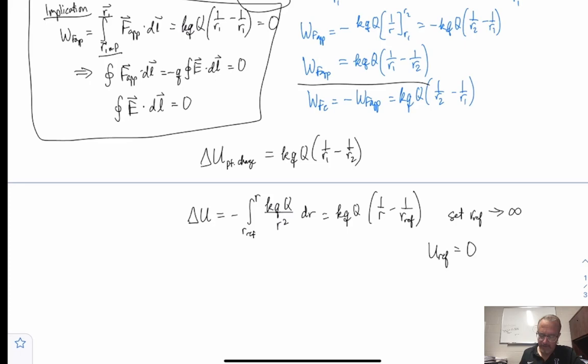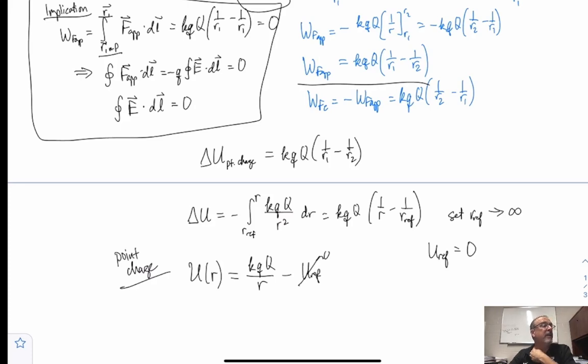And if you can do that, then you can say the potential energy at location R from a single point charge, it's important to note this is a point charge, is going to be K Q Q over R, minus the reference potential energy, which usually you can set to 0. So that's the basic gist of how you calculate charges.